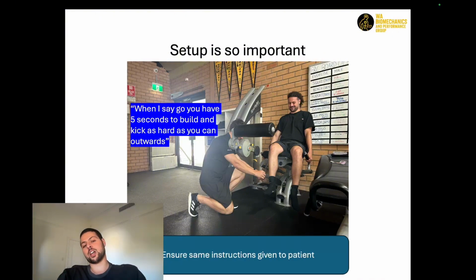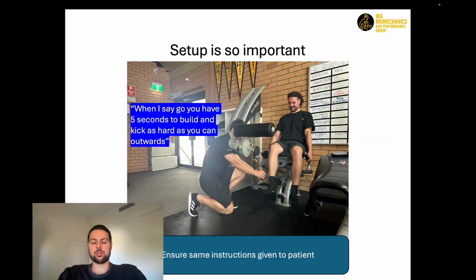So I like to say, when I say go, you have 5 seconds to build and kick as hard as you can outwards against the device. I know there's literature to say that after 3 seconds, the muscle will fatigue and not give us as big a force, but I like to control for 0 to 5 seconds.